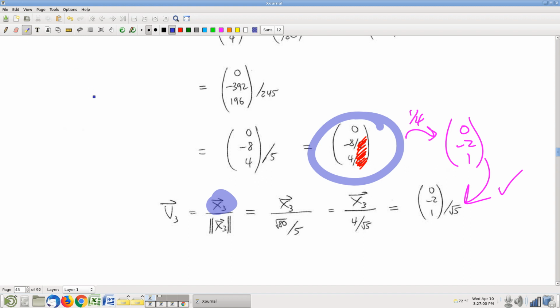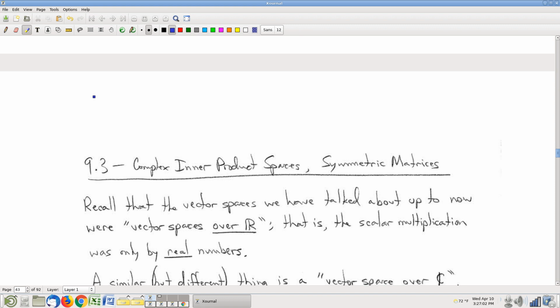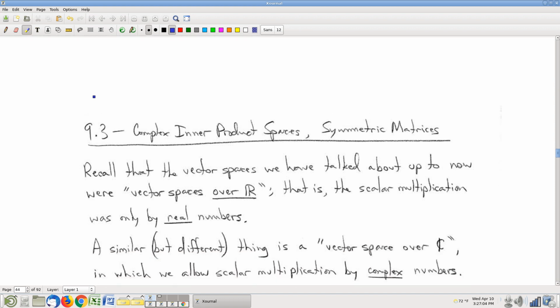Okay, so going along. I have to do a little bit of review here. I have to rehash some things that we've already talked about in order to segue into the new topic for today. So we've talked about vector spaces previously. And I'll remind you, our definition of a vector space specifically defines something called vector spaces over the reals.